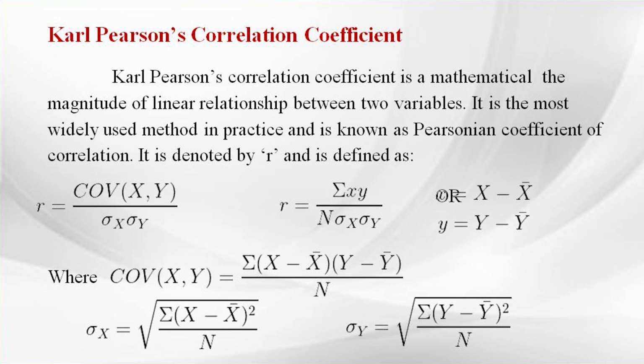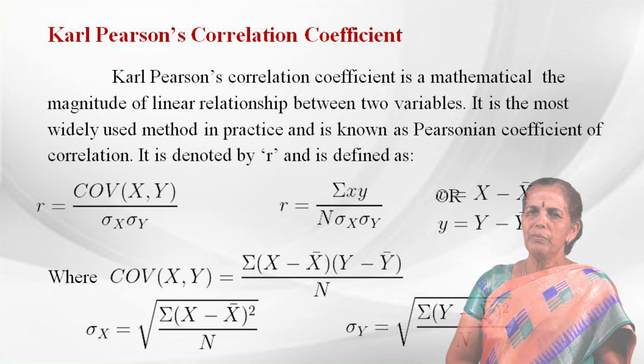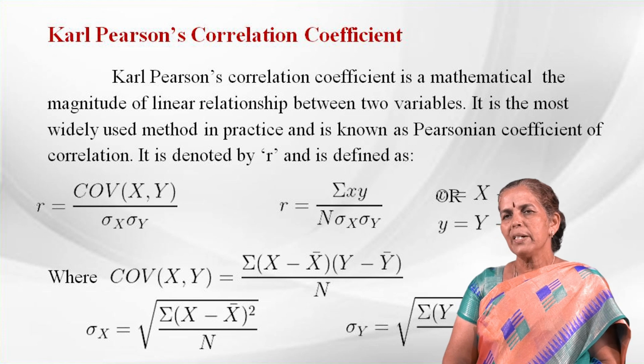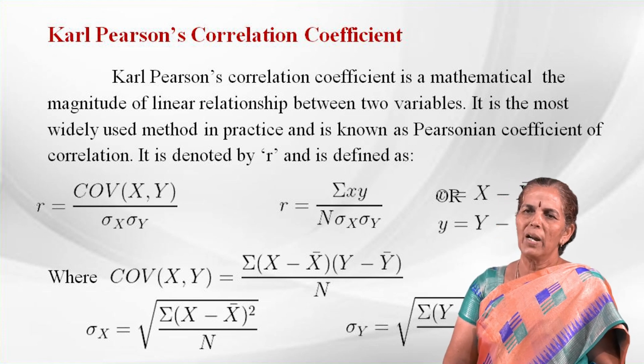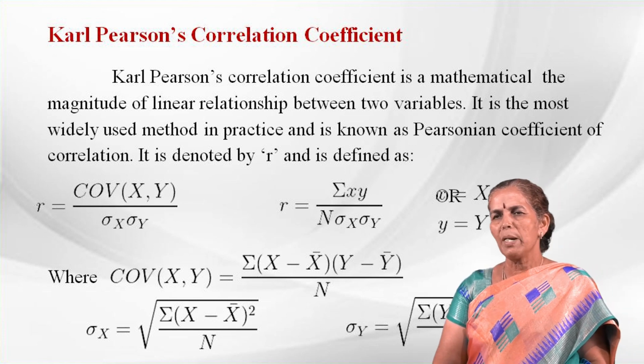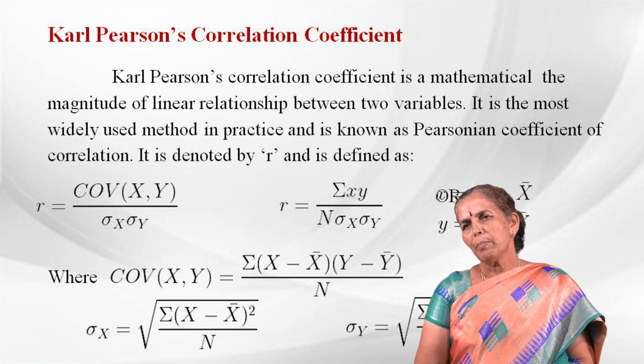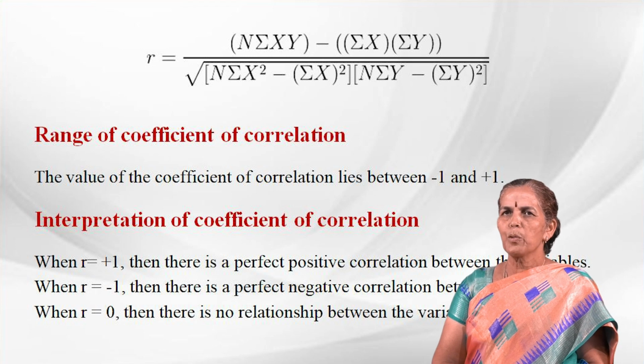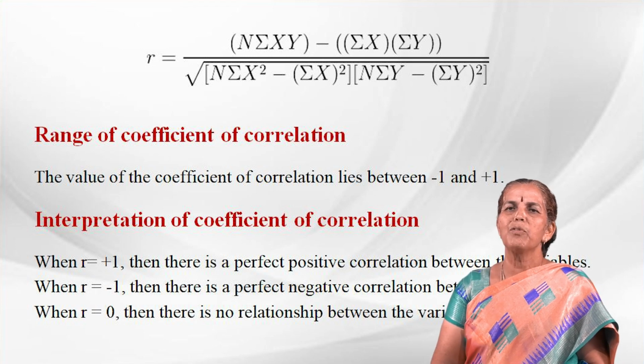The formula for sigma x, that is standard deviation of x, is root of summation x minus x bar whole square divided by n, and standard deviation of y, or sigma y, equals root of summation y minus y bar whole square divided by capital N. Then when you expand the square and take the root, we get the final formula.